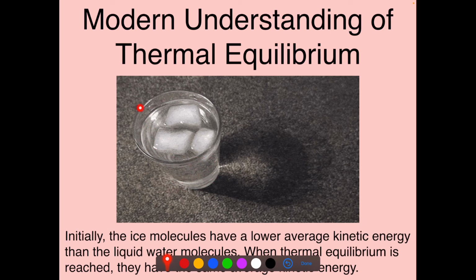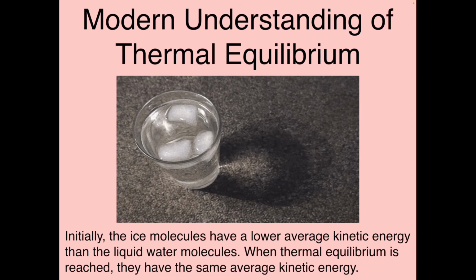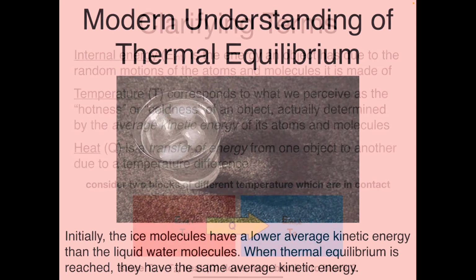And because they're in contact with one another, they can exchange energy, and they'll do that. Over time, the ice cubes are going to gain energy, and the liquid water that surrounds it is going to lose energy. And so they reach thermal equilibrium. They eventually reach the same final temperature. And that's what we see happening as these ice cubes melt into the water.